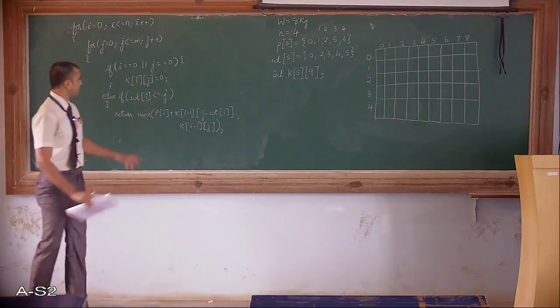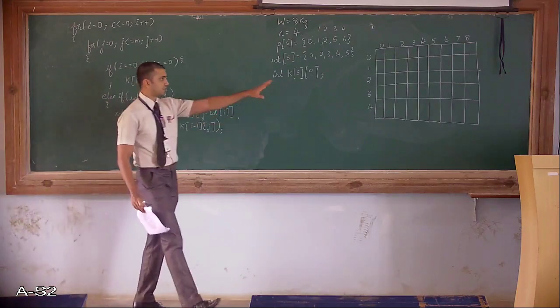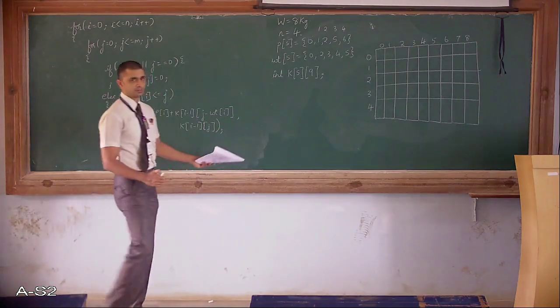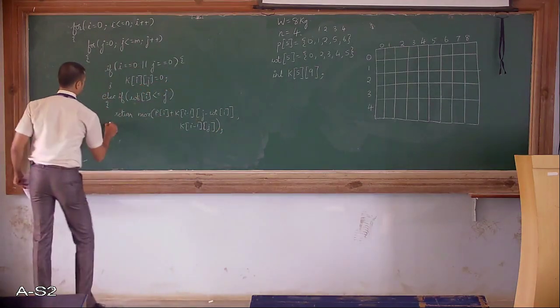So I need to find the maximum of these two values. Whichever is maximum, I'm going to choose that and place it inside the table. It's a maximization problem where I need the maximum profit. This is the second case.